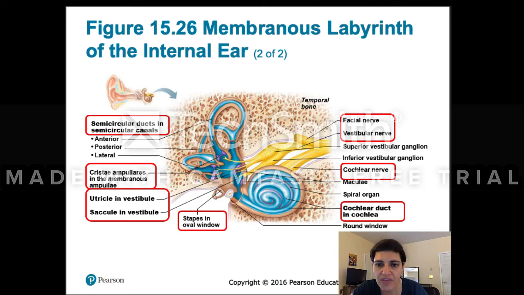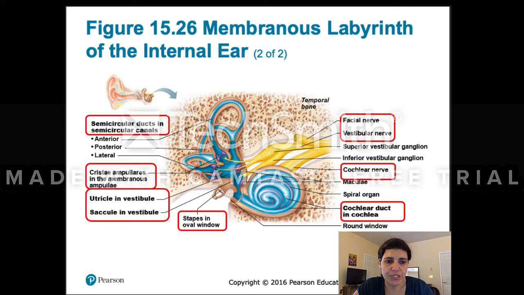And then here in this structure, you have what's called the semicircular canals. The semicircular canals are like an X, Y, and Z axis. So it's a 3D structure that gives you the sensation and the spatial notion in 3D, right?